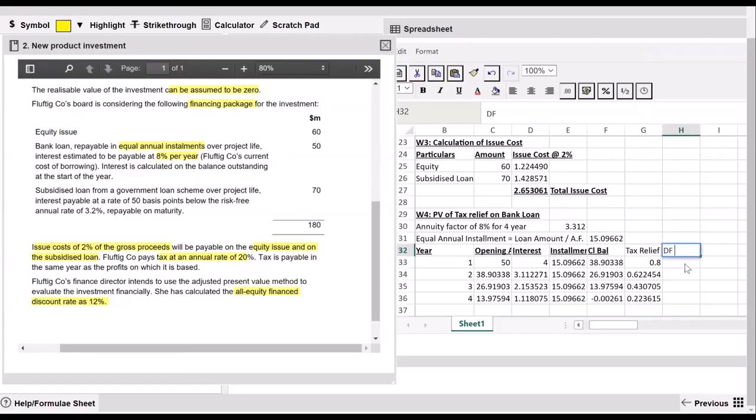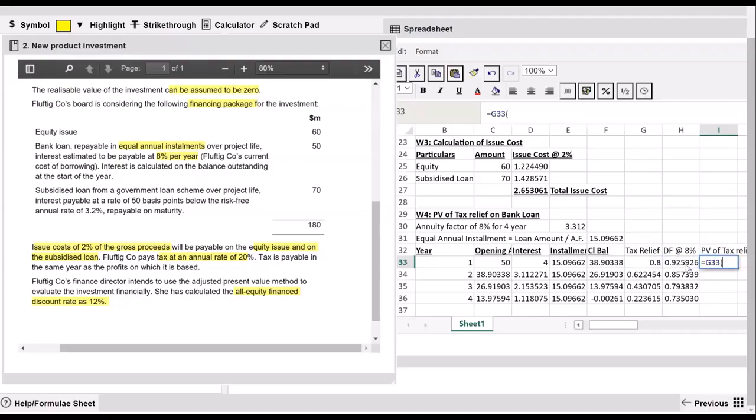This tax relief is discounted at 8 percent using the KD discount factor, 1 divided by 1.08 to the power, having all the discount factors over here.